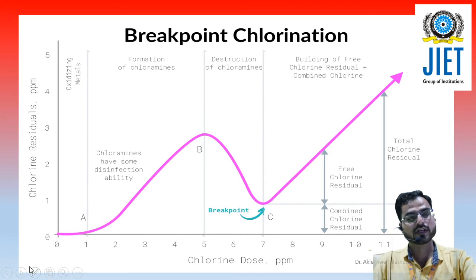For fun, we can correlate the process of breakpoint chlorination with an example of a person who starts a job. Initially, when the payment is very low, he obtains the money in the first week, then all the money is exhausted. So there is zero savings in his account.